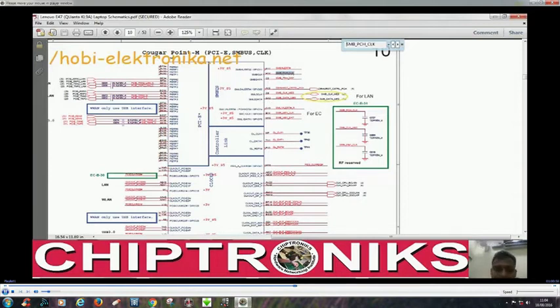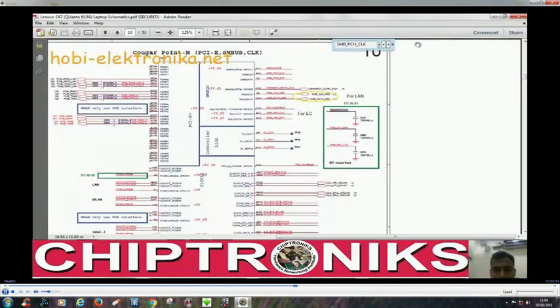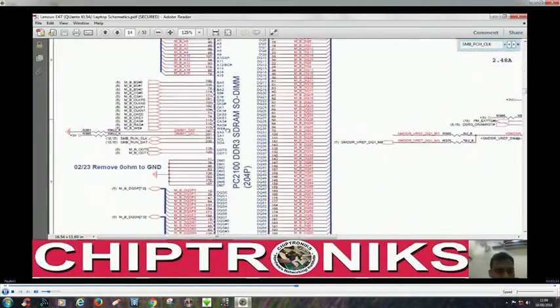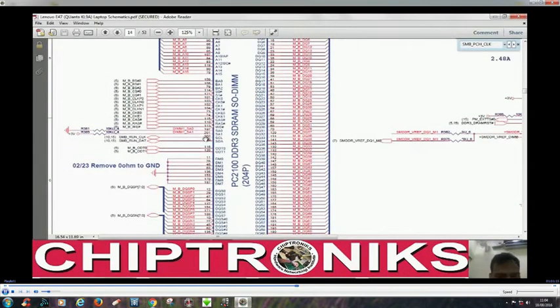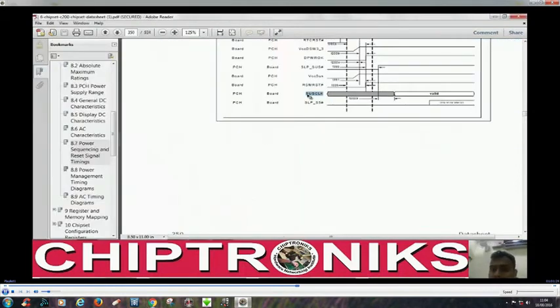So for pin number 202, we go back once again to page number 14, the RAM slot page. Pin number 202 of DDR3 RAM is an excellent testing point for checking this SUS clock.